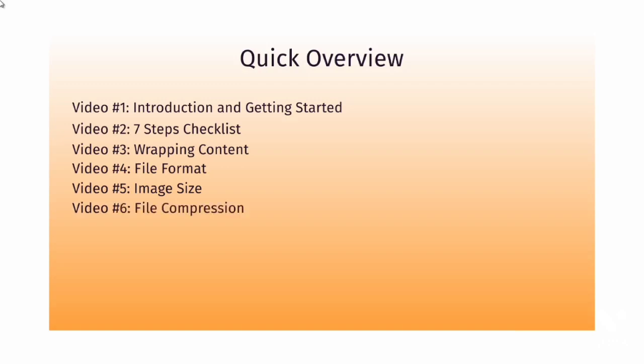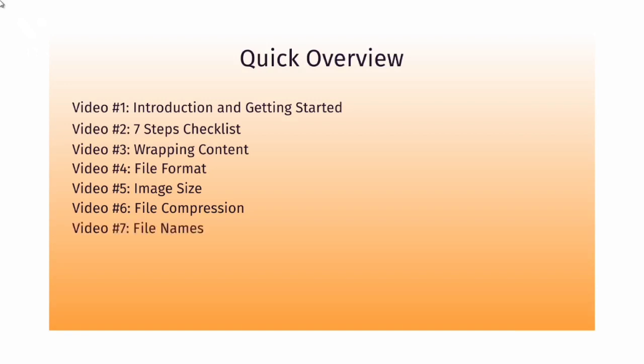Video number 6, we're going to talk about file compression, or in other words, how to compress your files from, let's say, 1 megabyte and decrease it by 50%, which is 500 kilobytes. The goal is to compress the size of the image without losing too much quality, so that it can run faster when your visitors actually visit your site.